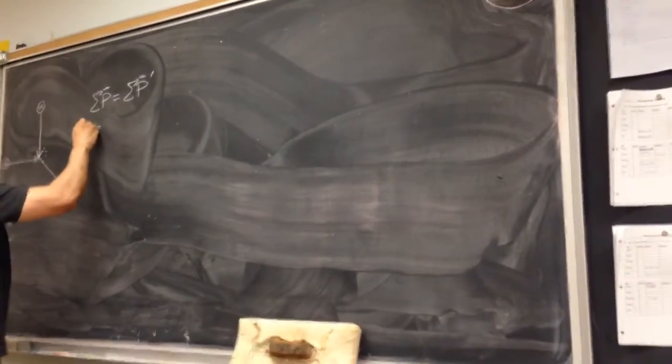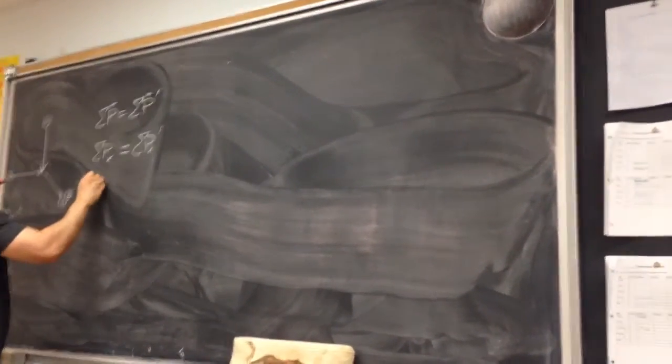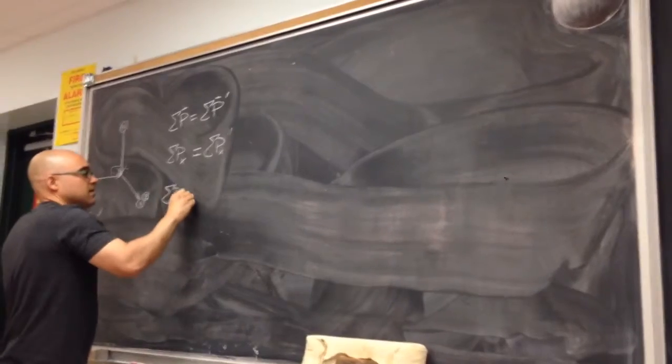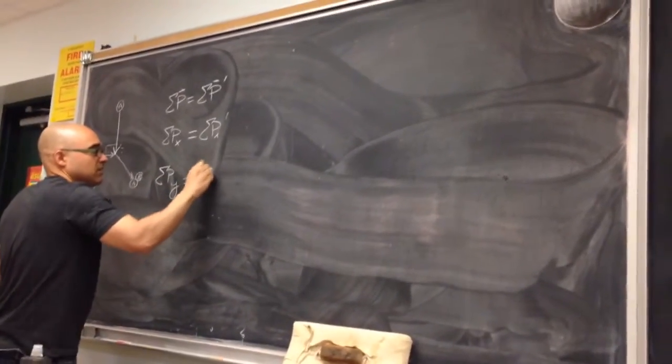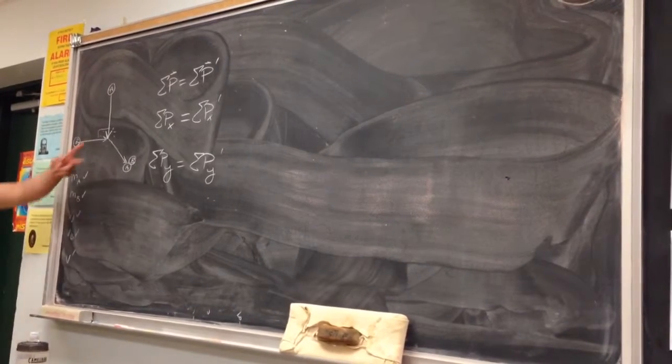So the sum of the momenta in the x before equals the sum of the momenta in the x after, and the sum of the momenta in the y before equals the sum of the momenta in the y after. So here are our 2 equations we're going to expand out.